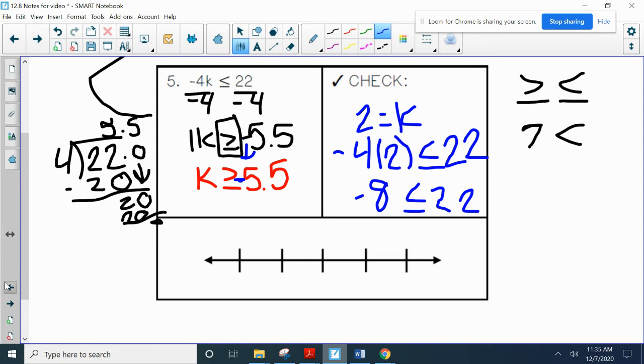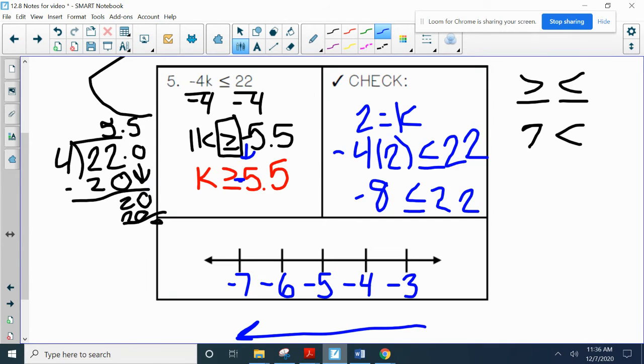So I have 5.5. Let's put that where it needs to be. Negative 3. We know the further left, the smaller those numbers are going to be, because the higher the actual number with negatives, the smaller it gets.